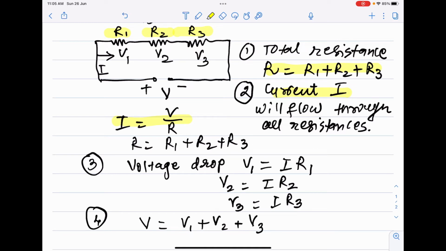The voltage drop across each resistance is different because the value of the resistance is different even though the current is the same, and therefore the voltage drop across the resistance R1 is V1 equals I into R1, V2 is I into R2, and V3 is I into R3, and the total voltage in the circuit is given by V equals V1 plus V2 plus V3.